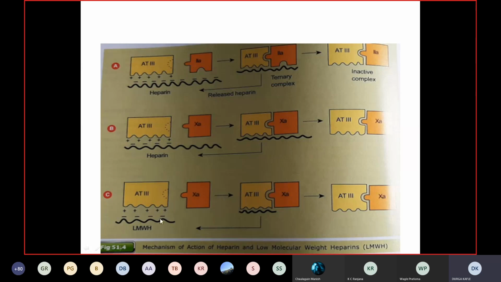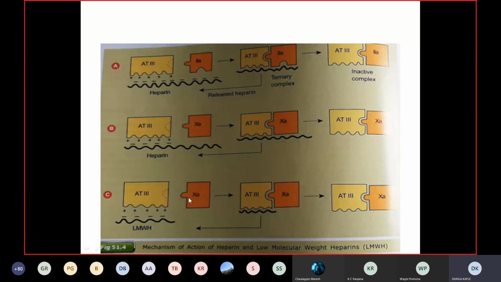But in some conditions, even if it is not covered by heparin, this factor 10 is inactivated. But for the inactivation of factor 2, this heparin molecule should always cover this antithrombin 3 as well as this activated factor 2. For the inactivation of factor 10, only the coverage of antithrombin 3 is sufficient.